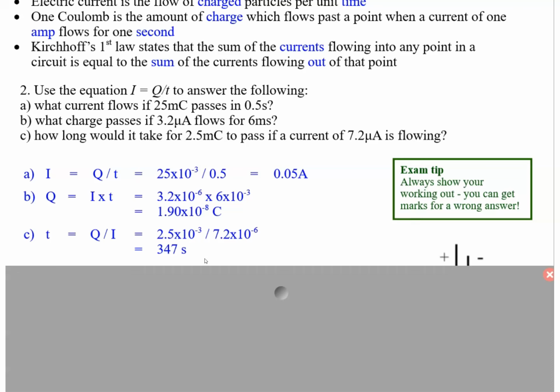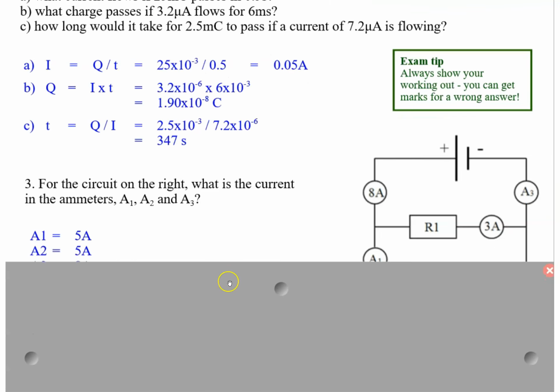T is equal to Q over I. Substitute the values, 2.5 milli divided by 7.2 micro, and you should get 347 seconds. So once again, write your answers where required using standard form. Always write the units. And in terms of the level of detail, 2, 3, or 4 significant figures would be acceptable for the exam.